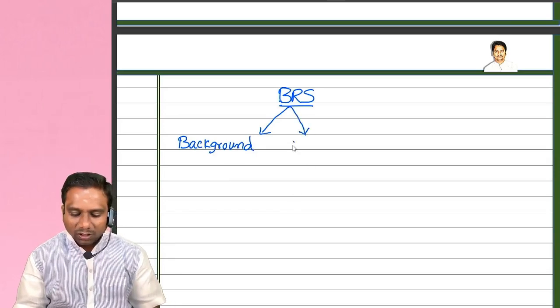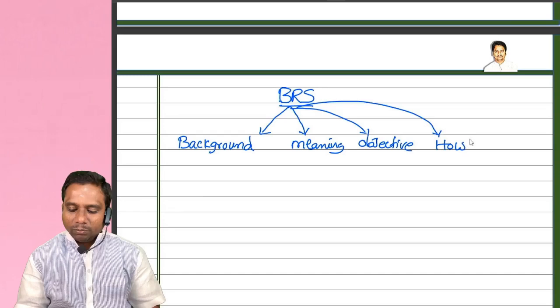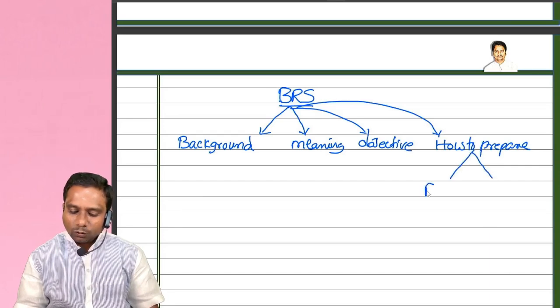Next, what is the meaning of BRS, and what is the objective of preparing this BRS? After that, how to prepare this BRS, which consists of format and methodology.